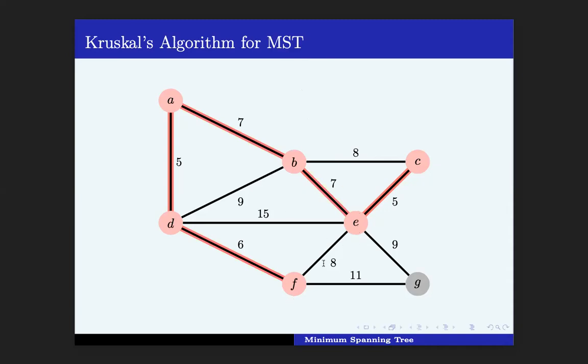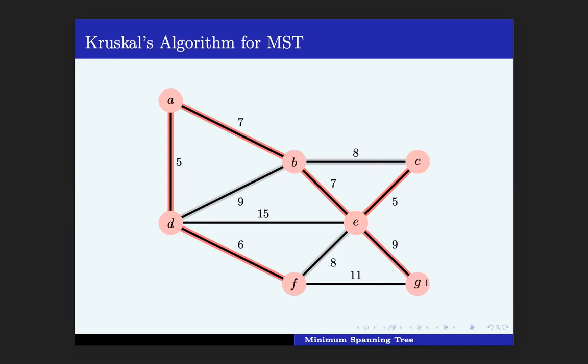Again, if I pick this edge, I will produce a cycle, so I throw it away. The next one is DB, and again it produces a cycle, so I throw it away. Then I pick EG. I will check EC, BC, DB, and finally EG, and that is it.